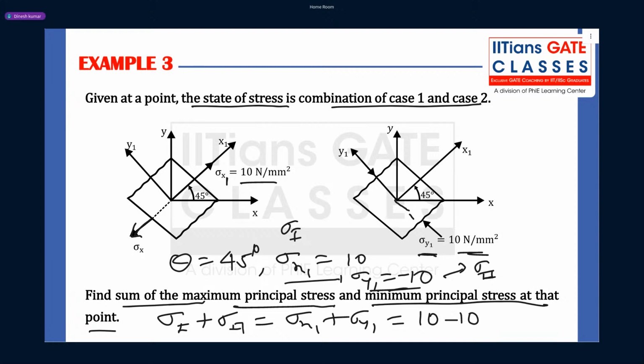What is the answer, guys? It is 0. Clear? So this is how we need to solve a GATE question.